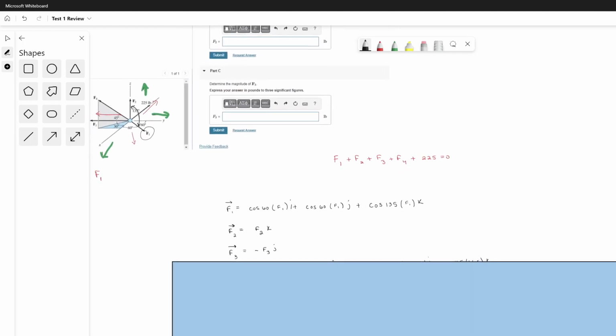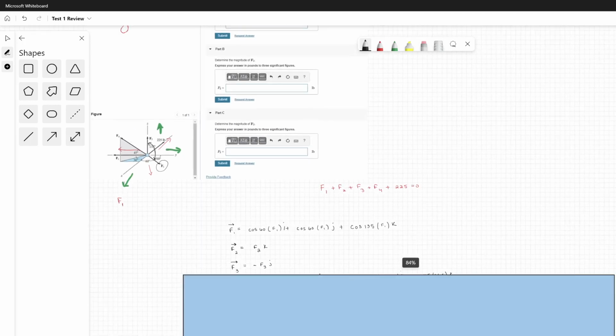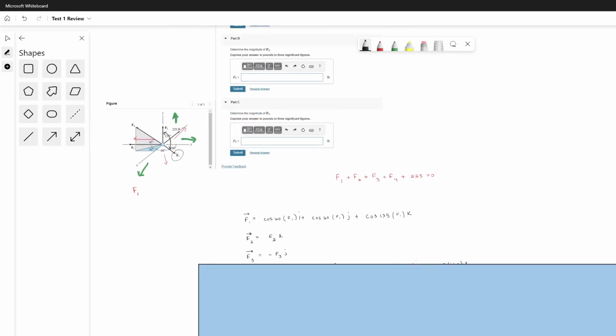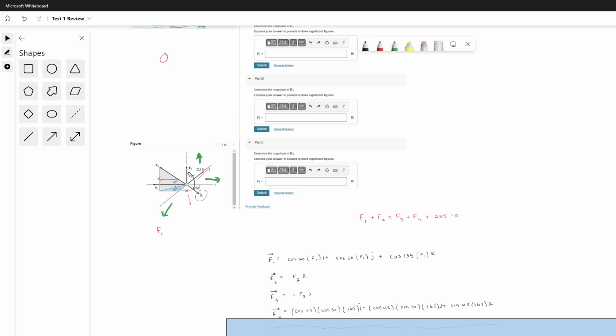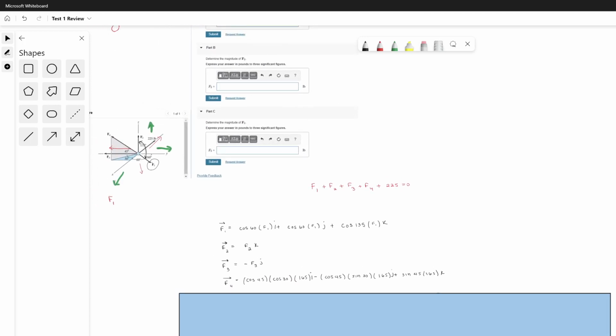So we're going to do the same exact thing for F4. And remember, for F4, they already give you what the force is, 165. So what we do is the following. The first thing we want to find is i, so it's relative to the x-axis.